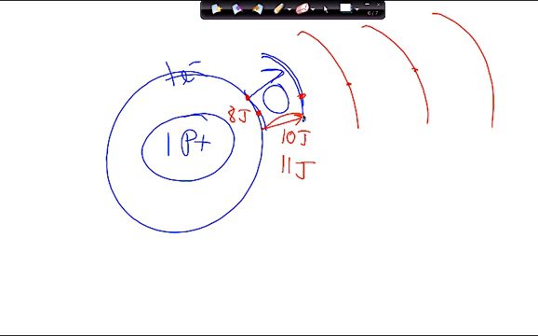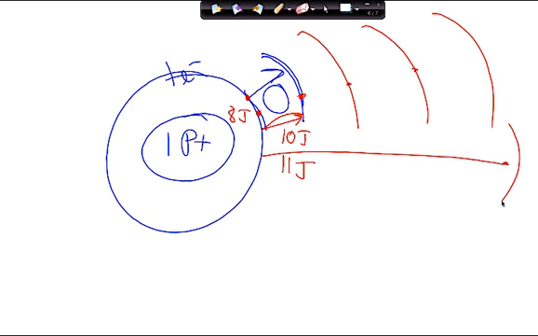Go ahead, Talmadge. Correct. Yes, and that's important. Guys, this electron, if it's hit with 11 joules, can't grab 10 and just pass the 1 extra joule off to a friend, unless it's enough energy to get that electron all the way out to here where we hit that point of escape.